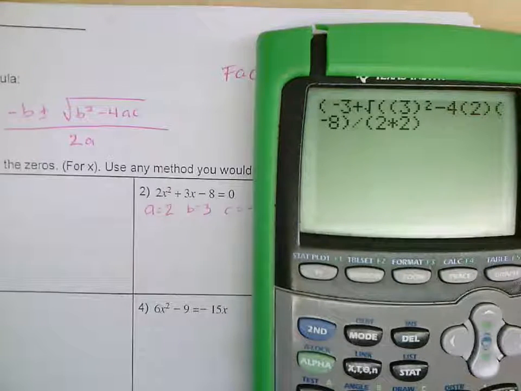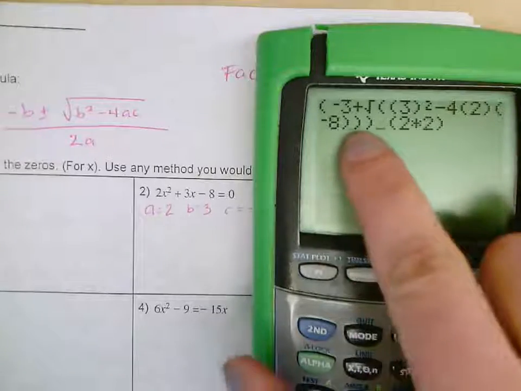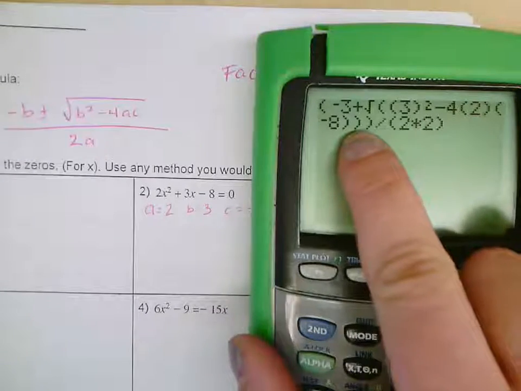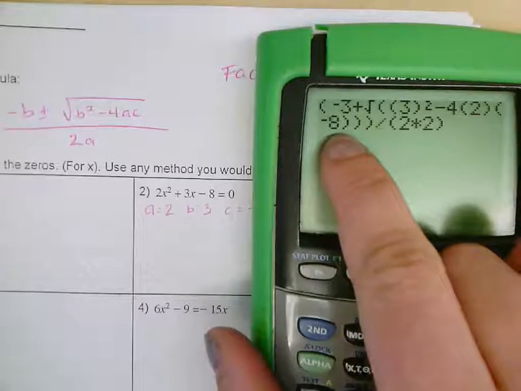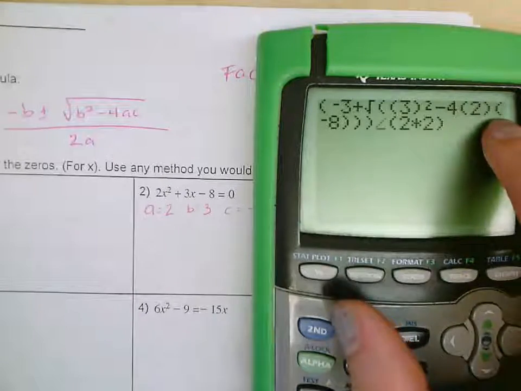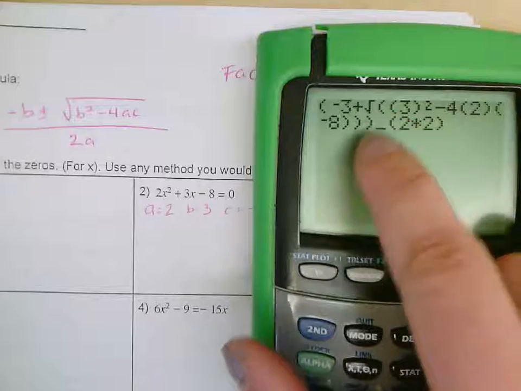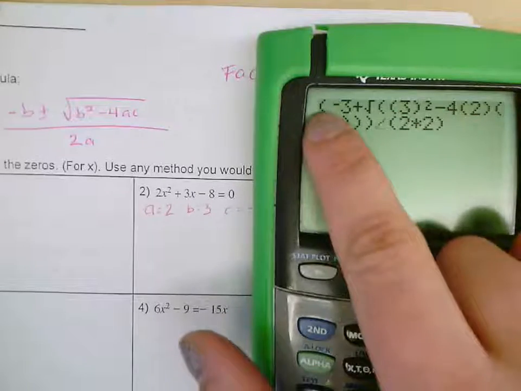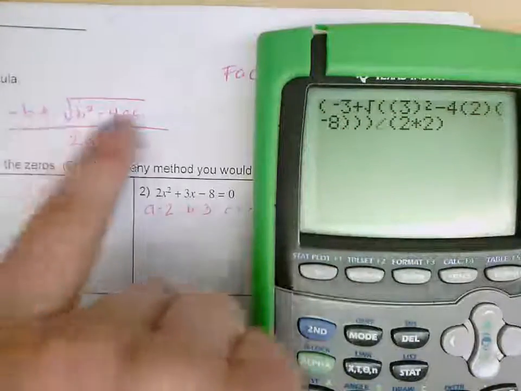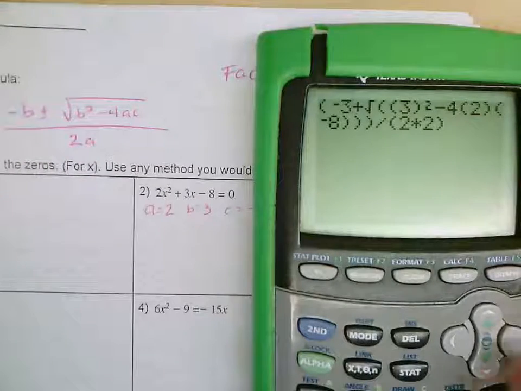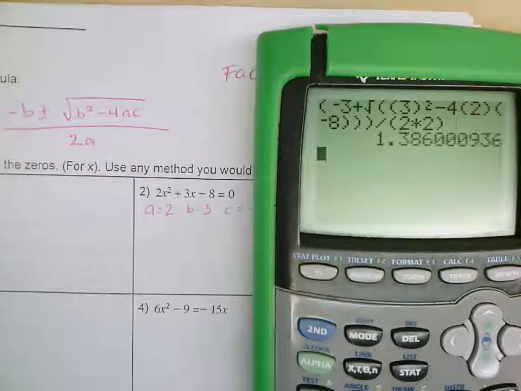So I'm going to insert both of those parentheses. You'll notice here there's a triple parenthesis and it looks kind of funny, but if you pair them up, this first parenthesis is closing off the negative 8, the second parenthesis is closing off my square root that was never closed, and my third parenthesis is closing off the top of our formula. Okay, so now when I press enter, I get my answer.